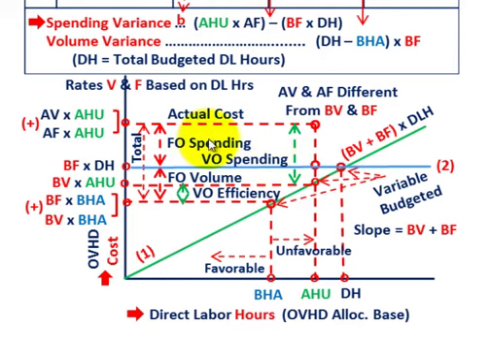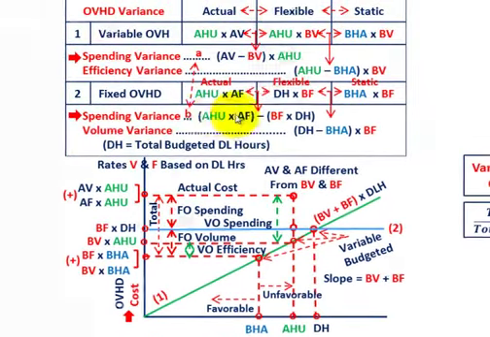So looking at our fixed overhead spending variance, that's the difference between our actual cost versus the budgeted fixed cost. That would be taking our actual fixed cost times our actual hours used versus our budgeted fixed cost times those denominator hours. So that's our fixed overhead spending variance. And you can see that right up here, the difference between your actual versus your flexible amounts for your spending variance.